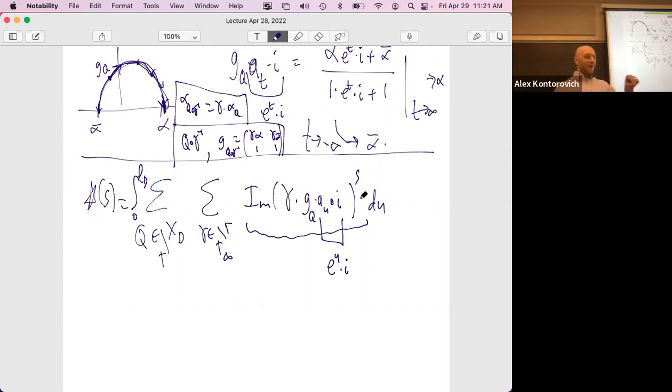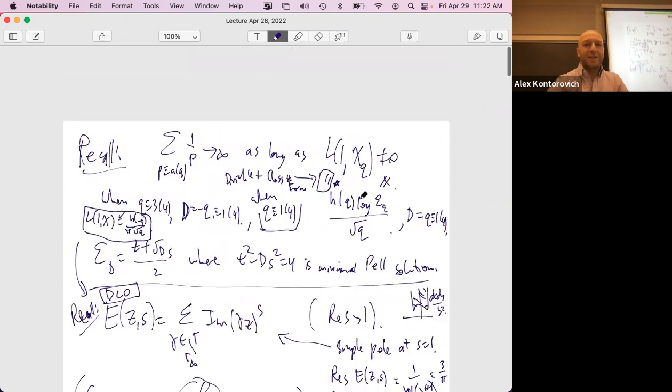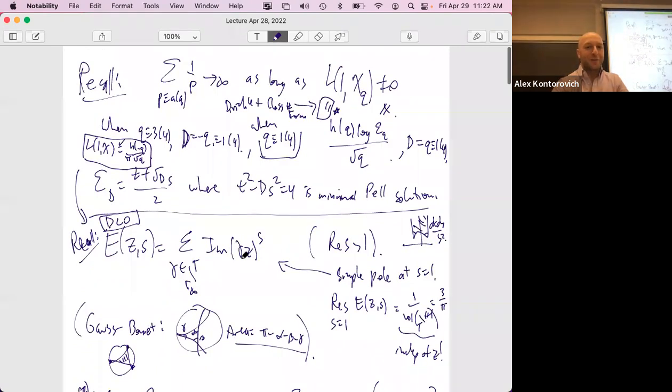It's a function on the universal cover itself. Of course, there's another way if you want to capture it. The Eisenstein series is the imaginary part of gamma z to the s, where z is a point in the upper half plane, not in the tangent bundle of the upper half plane.